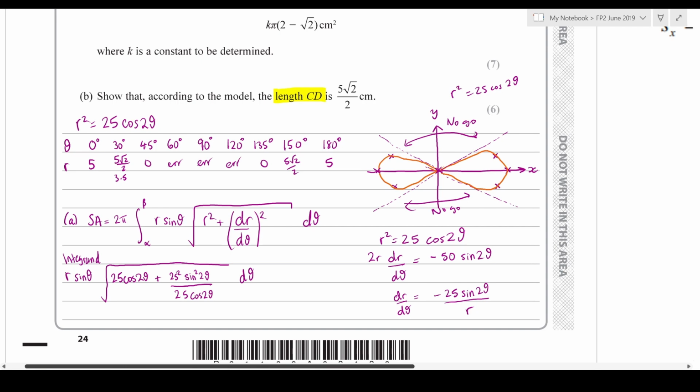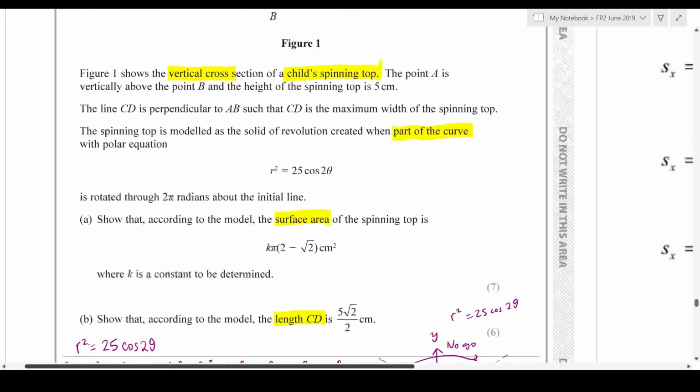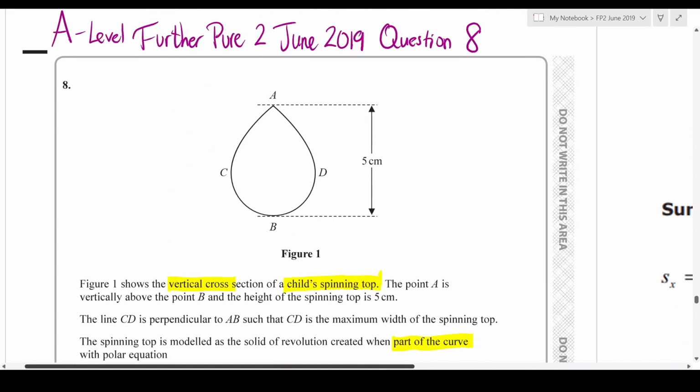Now we need to think about which values we are rotating about. So let's say I think of this as our x-axis, I guess, although again it's kind of inverted. This is our y-axis. We're going to rotate around this axis.